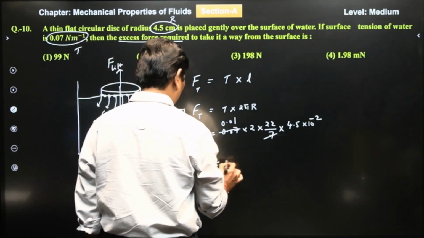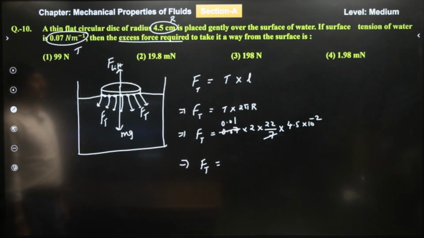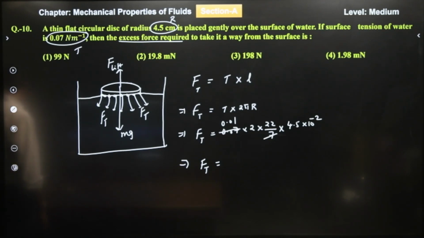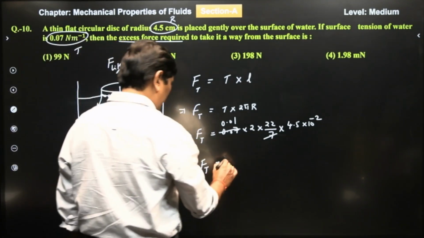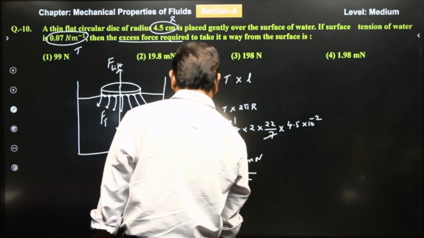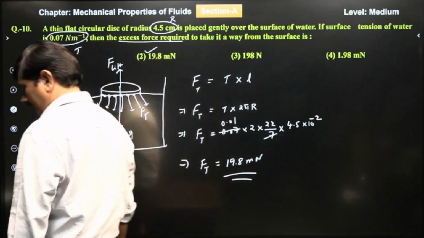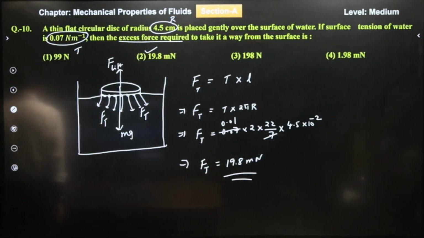So, Ft is equal to 19.8 millinewton. You will get this answer. You have to be careful while putting the decimal point.